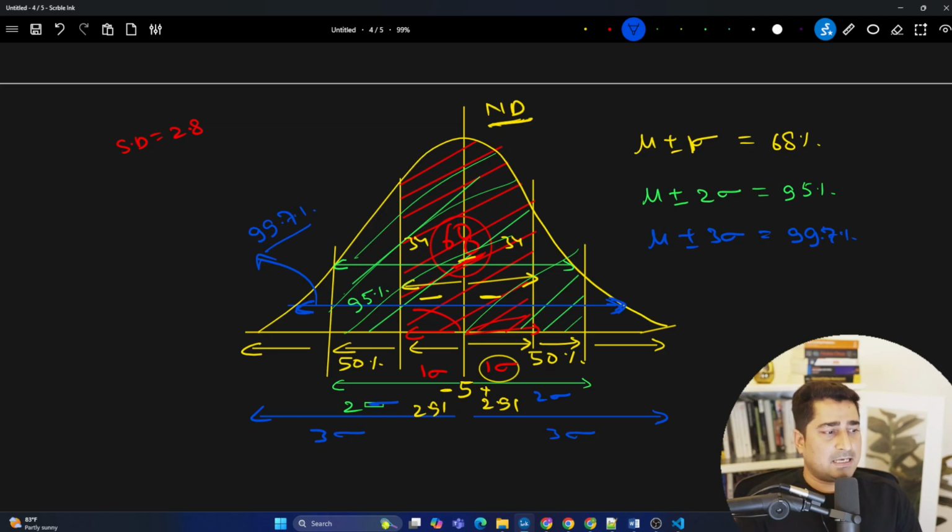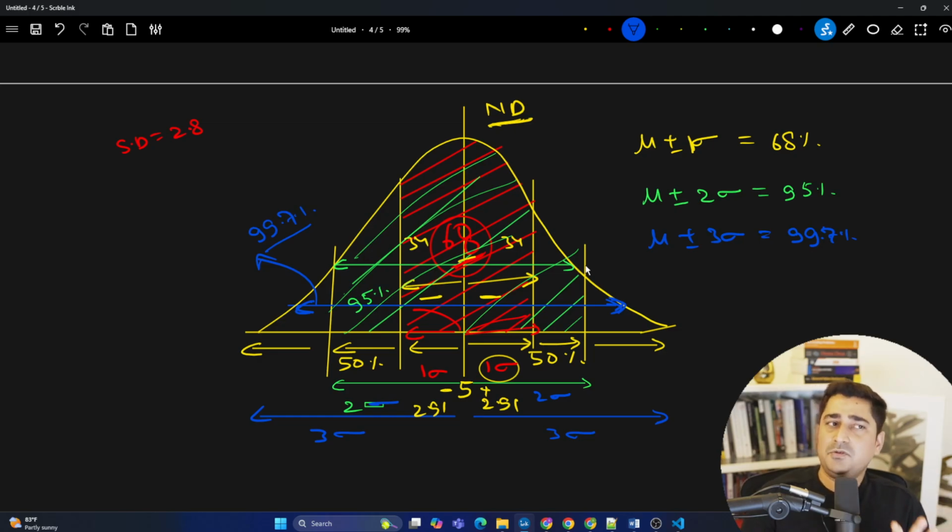In my next class, I don't want to start this today because I don't think that we'll have enough time. In my next class, I'm going to teach you that let's suppose my data set is in a normal distribution, meaning my data set is forming a bell curve.